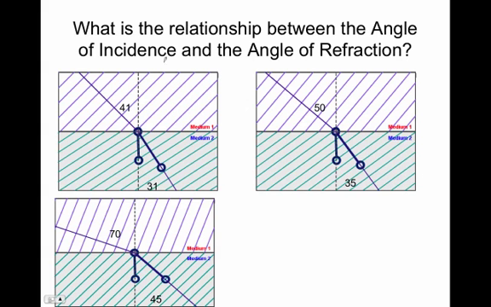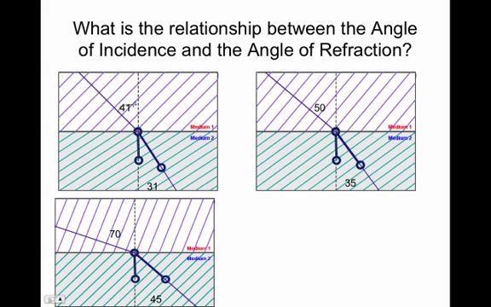Let's see. What is the relationship between the angle of incidence and angle of refraction? 41, 31, 50, 35, 70, 45. What do we know about medium 1 versus medium 2?